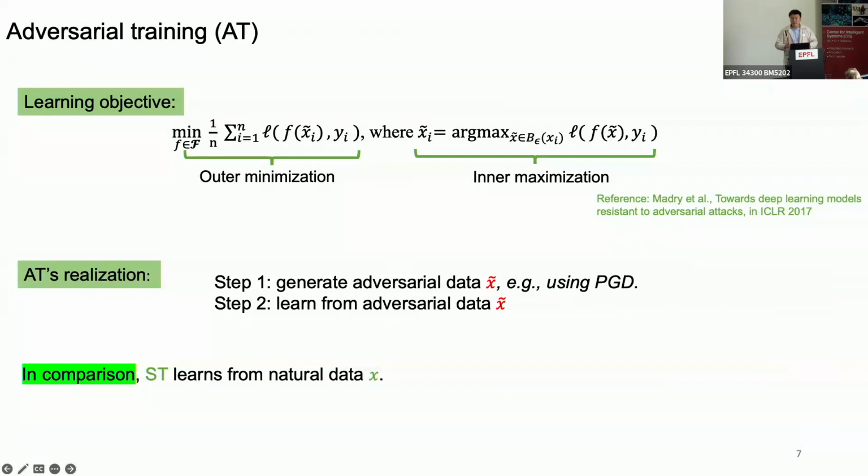At each epoch, adversarial training conducts step 1 and step 2 alternately. Step 1 is to generate the loss-maximizing adversarial data, commonly using the PGD method. Step 2 is to minimize the loss on those generated adversarial data. In comparison, at each epoch, the standard training only minimizes the loss on those natural data with respect to the model parameters.